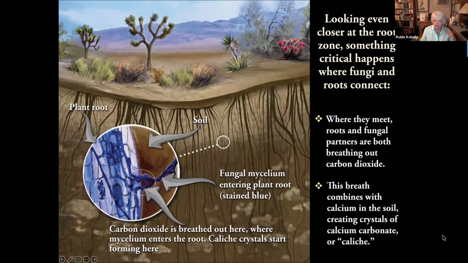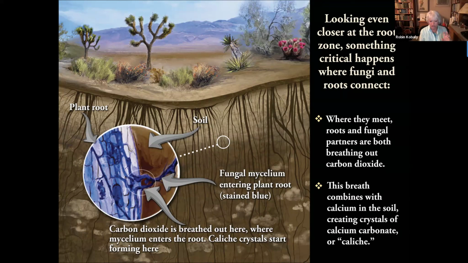So when the sugars are going down through the plant roots, I'm depicting here a plant root, which is the kind of blue stain over here.